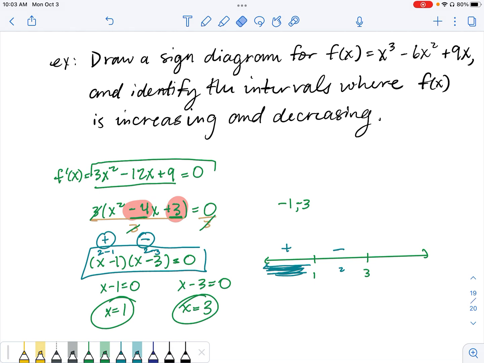And then finally, I choose a number greater than 3. Let's just go with 4. So that is always going to give me a positive number here. 4 minus 1, or anything bigger than 3 minus 1, is positive. 4 minus 3, or anything bigger than 3, is positive. And a positive times a positive is a positive.